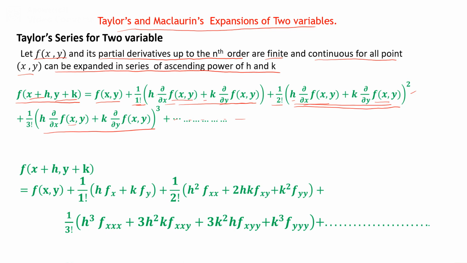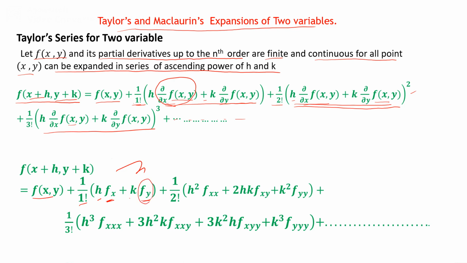And this series can be simplified, or we can write f(x+h, y+k). So here we write f(x,y) plus 1 upon factorial 1 times h into f suffix x. If you remember the partial derivative, the partial derivative of the function with respect to x we write as f suffix x, plus k into f suffix y.